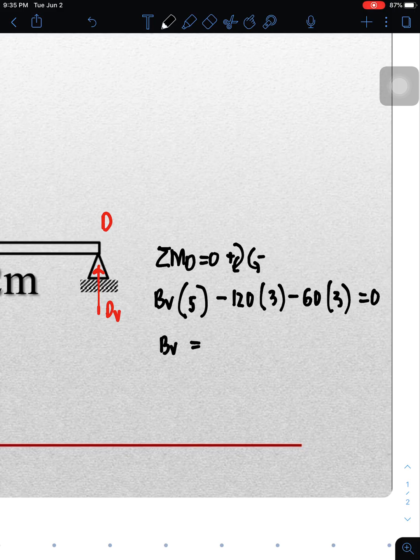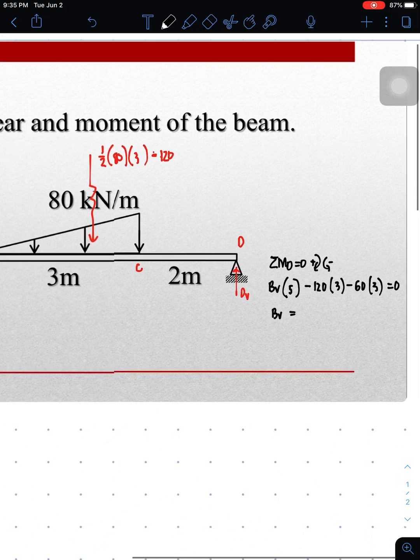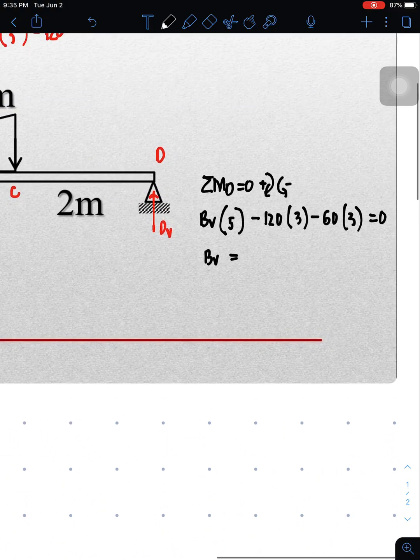So our BV is 120 times 3, then we add 60 times 6, then divided by 5. Is this 5? Yes, 5. Let me go back, 120 times 3. But the 60 is not times 3, this is 6.